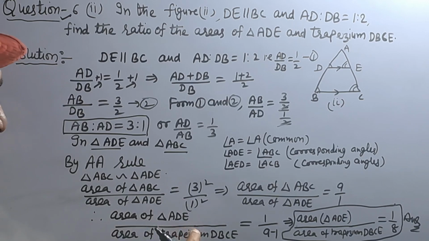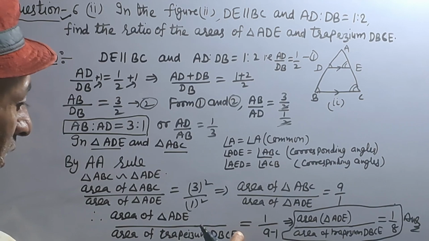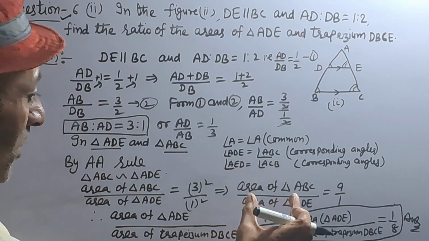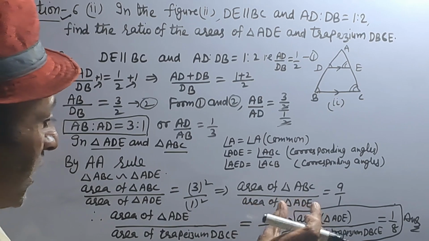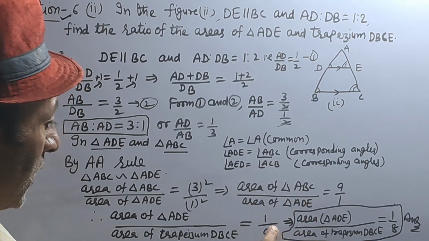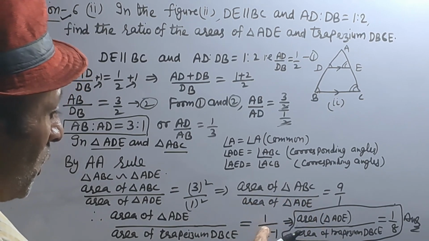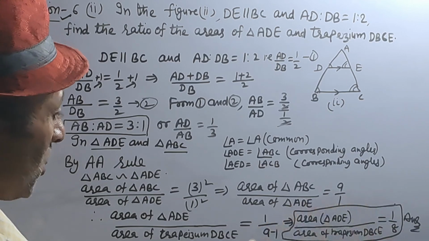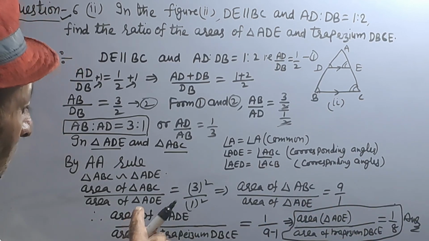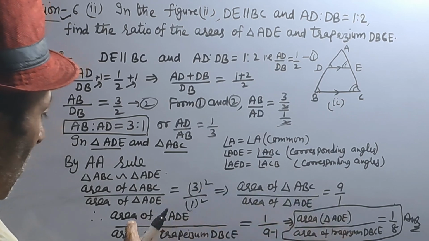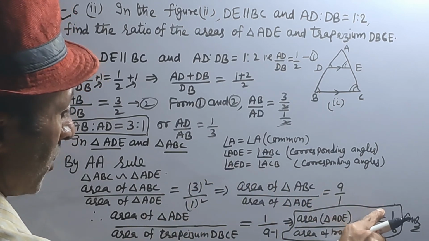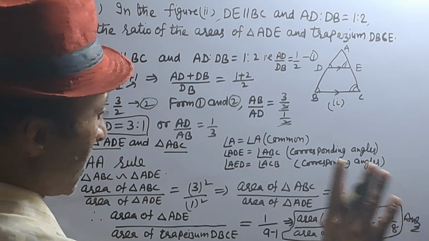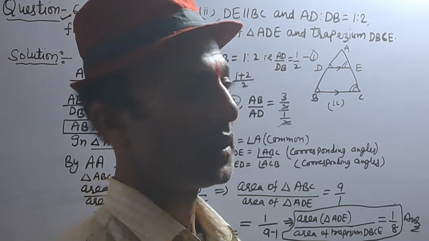Area of trapezium DBCE is equal to area of triangle ABC minus area of triangle ADE, that is equal to 9 minus 1, equal to 8. So required area of triangle ADE upon area of trapezium DBCE is equal to 1/8. Answer. Thank you.